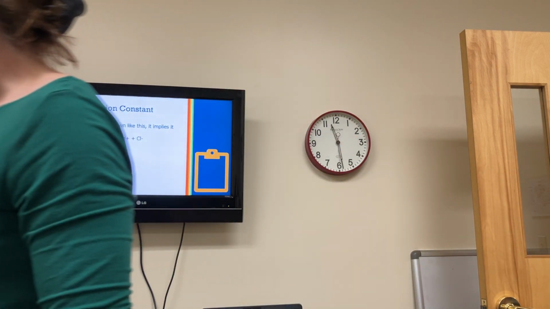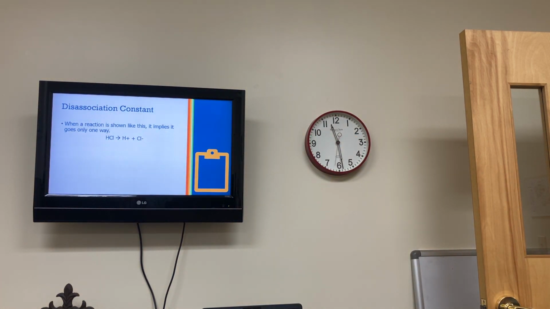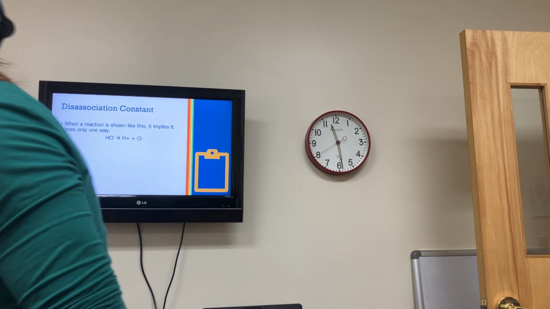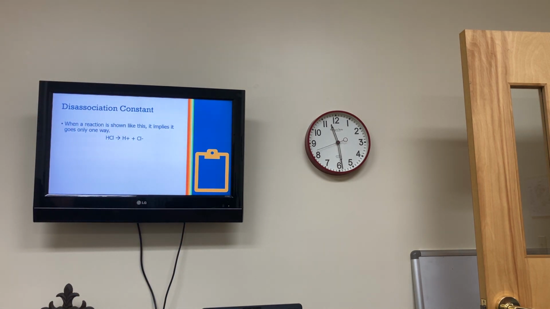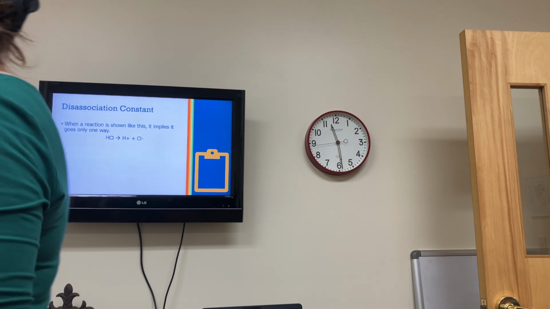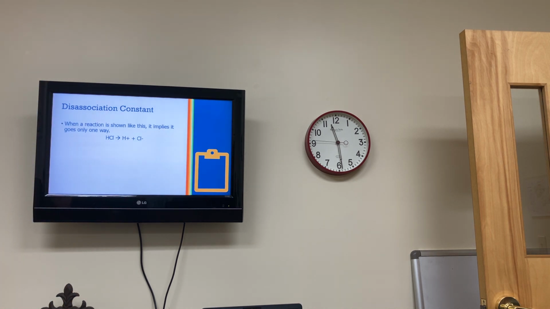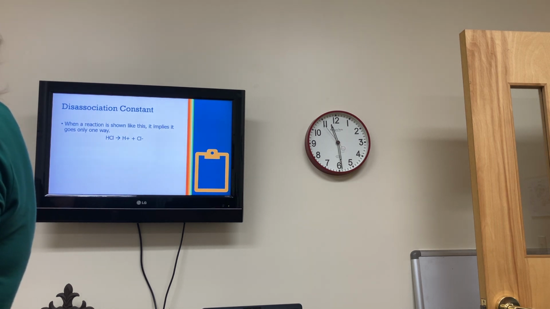So if I have 1 times 10 to the negative 4 concentration times 1 times 10 to the negative 10 concentration, my exponents add together to equal 1 times 10 to the negative 14.